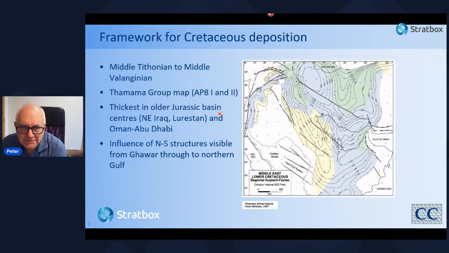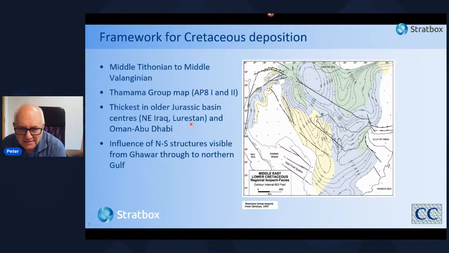So for the framework for Cretaceous deposition, we have to go back to the end of the Jurassic. In fact, the earliest Cretaceous megasequence actually starts in the Middle Tithonian, the latest Jurassic. This is an isopack map for the Thamama group, which includes the AP8 sequence with supersequences 1 and 2.